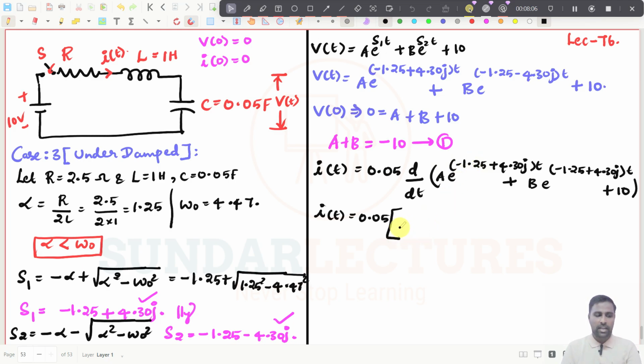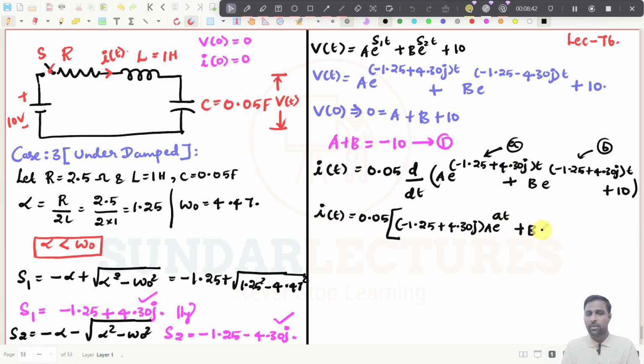So you will get minus 1.25 plus 4.30 j into a e power, and this whole term I will take as small a, and this whole term as small b, so that it will be very easy. Otherwise I need to write it again and again. So this value is at, I will write like this and then we will replace it.